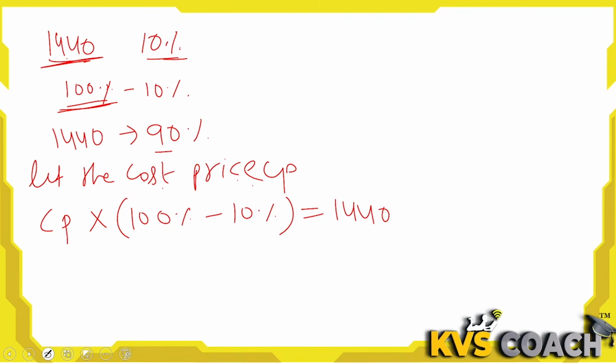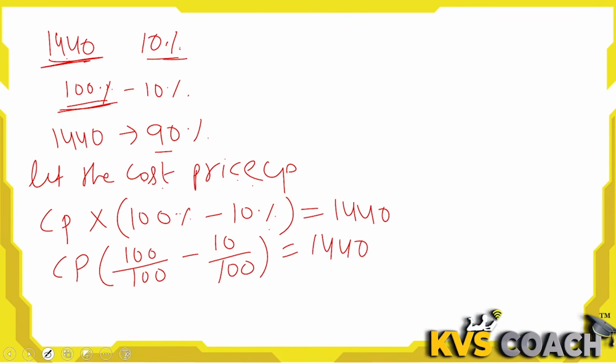CP 100%, this is 10%, then CP 100 divided by 100. I'm removing the percentage here. 10 upon 100 is equal to 1440. Then this is 1 and this is 0.1. CP 1, sorry, this is minus not plus, 1 minus 0.10, then 1440.